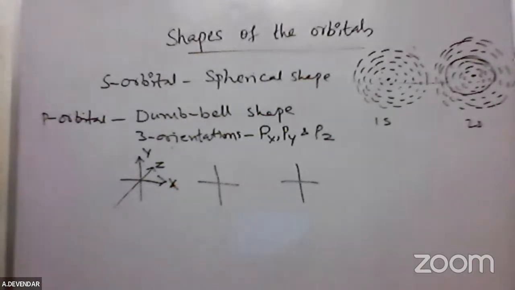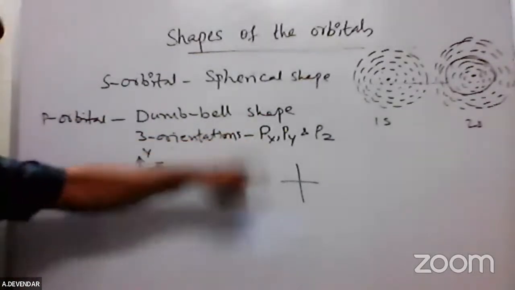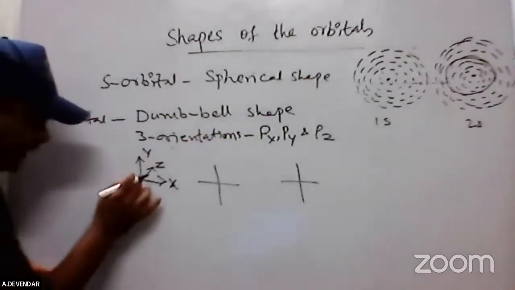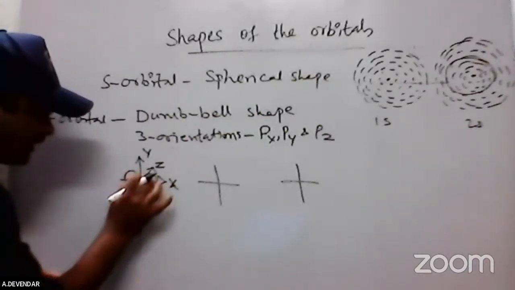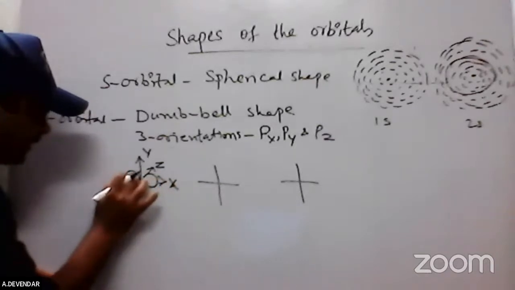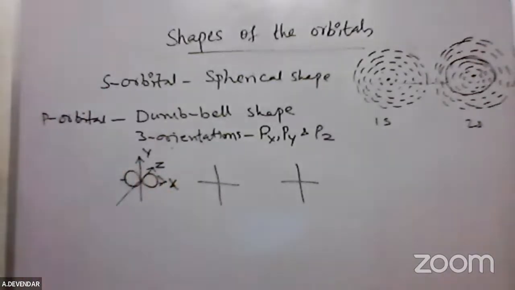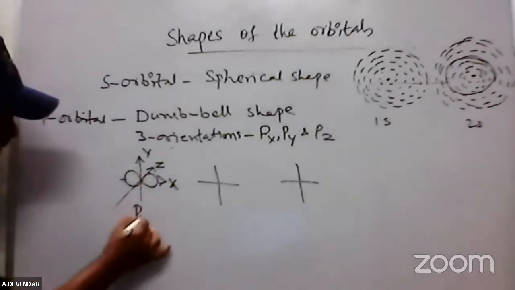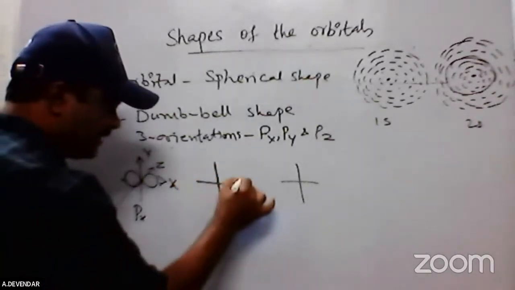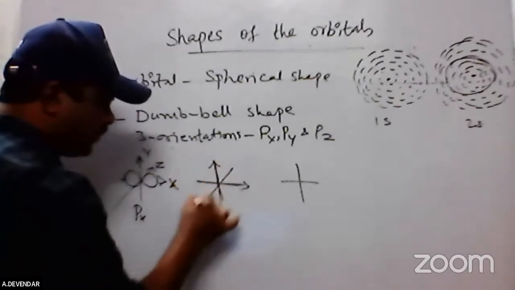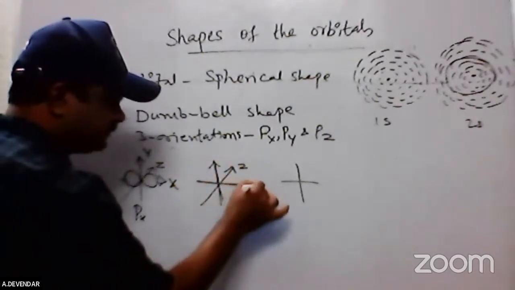Now, in this particular case, you want the px. So at the px, just see this, I am writing it. This is nothing but the px orbital. Now I'm taking the same x, y, z axes.